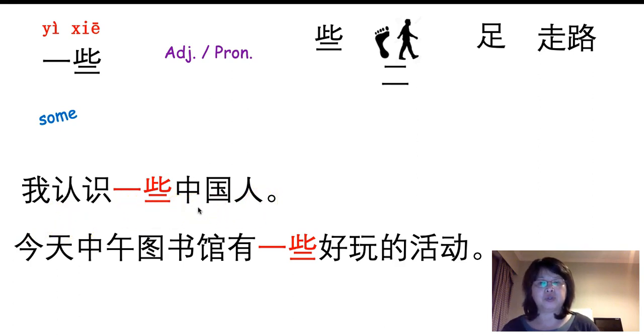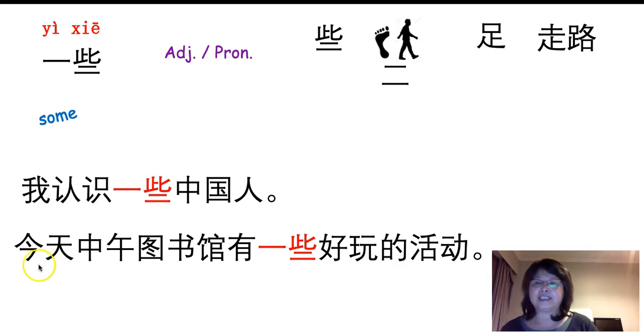So make sure you don't miss out 人 for Chinese people, because in English, Chinese can mean Chinese people. 我认识一些中国人。You don't say 我认识一些中国。That means I know some Chinas. There is only one China.